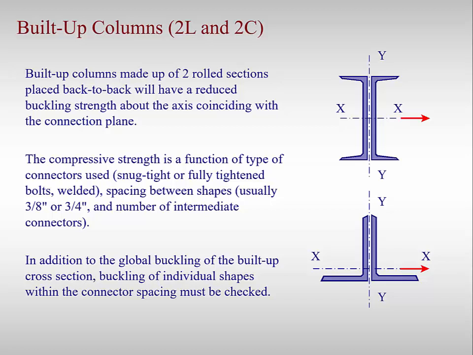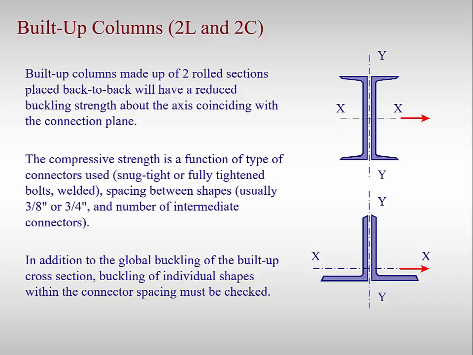However, depending on the type and number of connectors between the two shapes, a reduced stiffness can occur, lowering the buckling capacity as each shape tries to slide past each other as the member buckles.